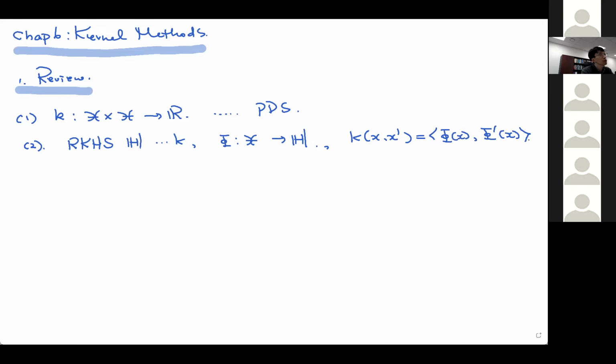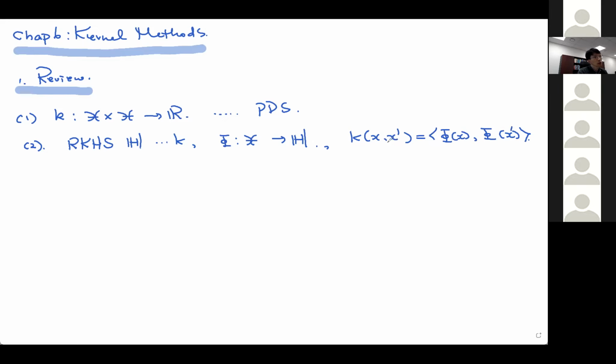Like this. So the inner product is one canonical way of measuring the similarity between two inputs.